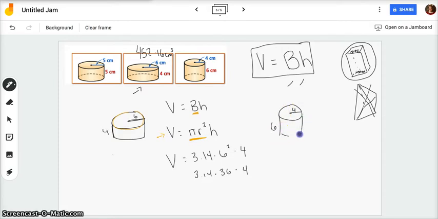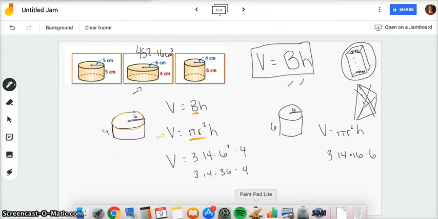All right, so volume equals the area of my base, which is pi times radius squared, times the height. Okay, so pi is 3.14. Radius squared, my radius is 4, so 4 times 4 is 16, times my height, which is 6.